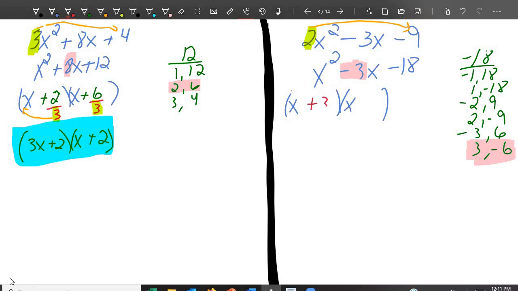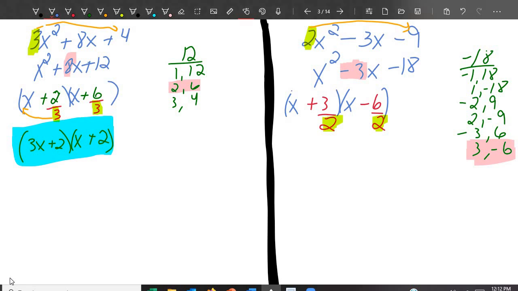Now, it doesn't matter if you put the minus 6 first or plus 3 first. You just need a minus on the 6 and a positive on the 3. Now we come to the part where we divide both numbers by what's in front of the x squared. There was originally a 2, so we divide by 2.